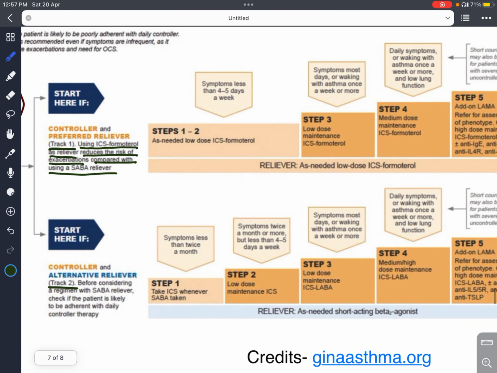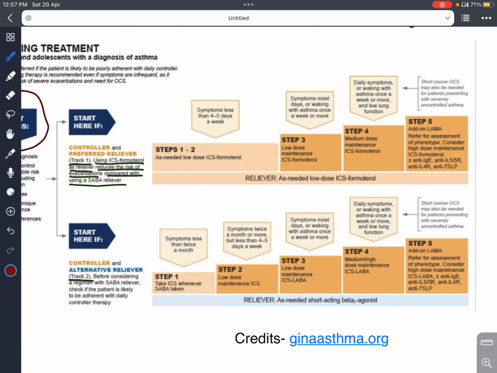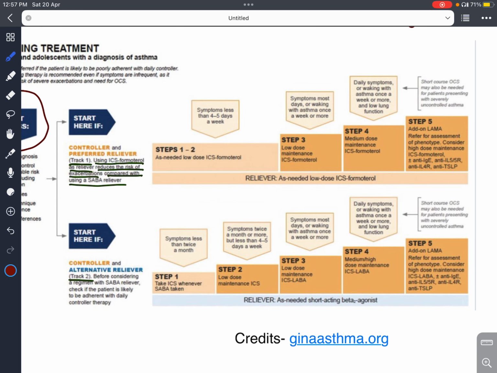If we look at step 1 and step 2 over here, we can go for a low dose of ICS formoterol as needed. Now, how can you categorize a person into step 1 or step 2?